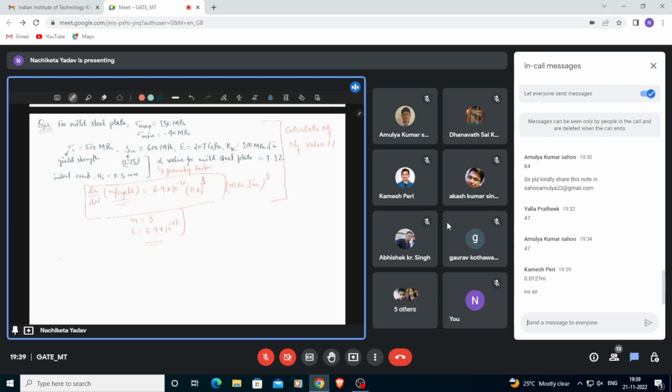Like we know delta K will be equal to K max, alpha sigma max square root of pi a. So from here AC will be 1 by pi, K max by sigma max into alpha, whole square.